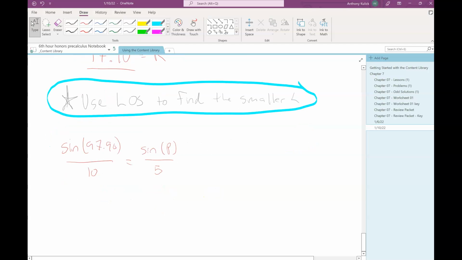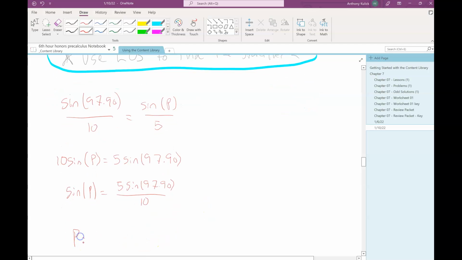And then I can just cross multiply. And then divide by 10. And then do the sine inverse to both sides. And then it is calculator time.